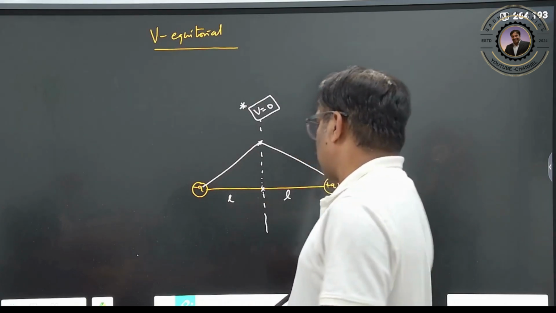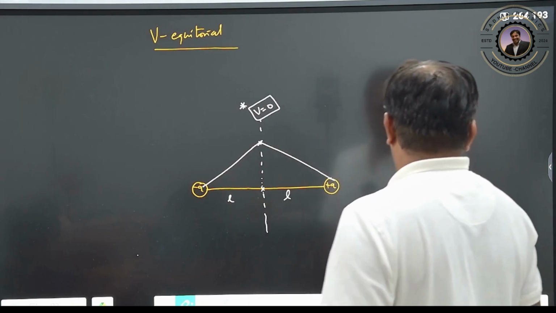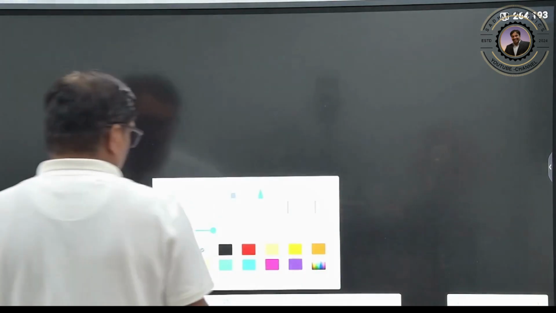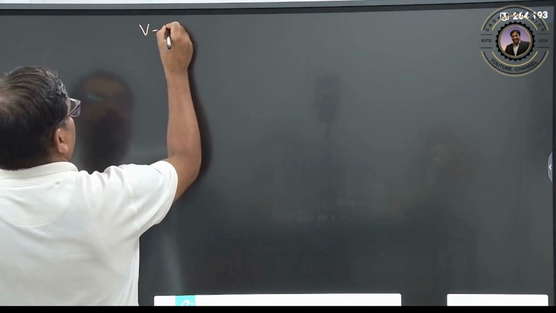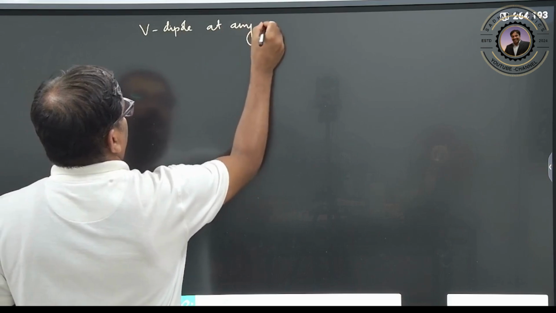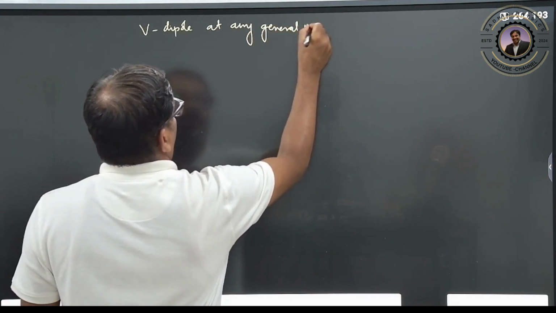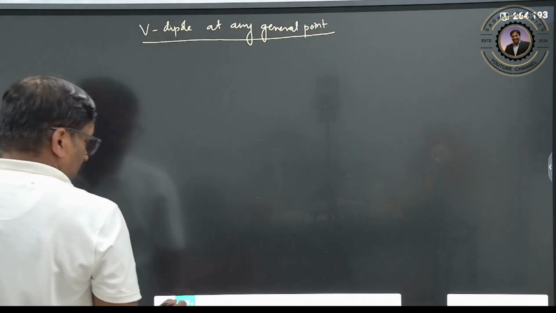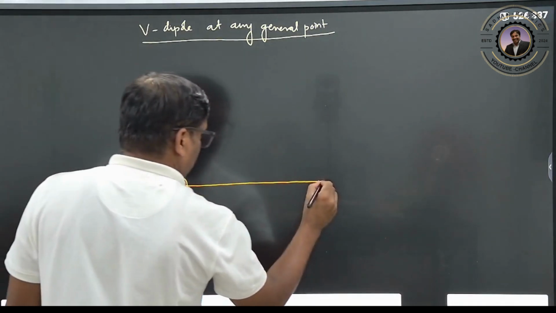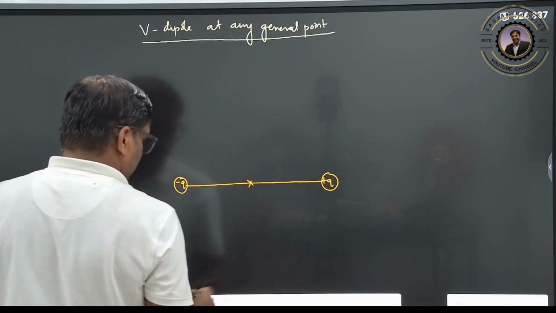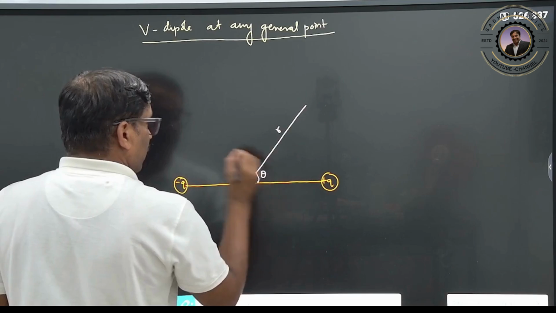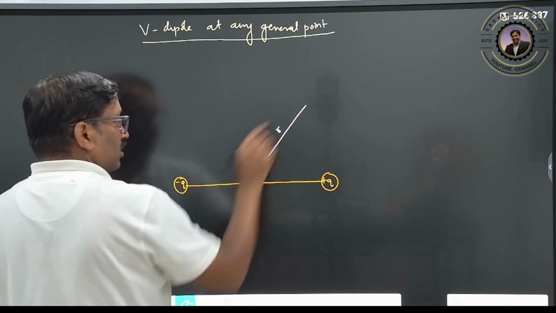Now we will see the potential due to the dipole at a general point. Last time we derived this, exactly the same way we can derive it. This is minus Q, this is plus Q, and this is the center. Along this direction, at a certain distance R, we make an angle theta. This side is the dipole moment, and this is your position vector.